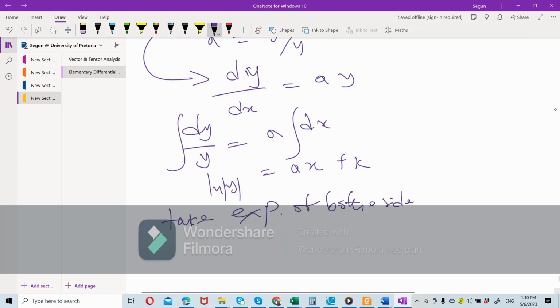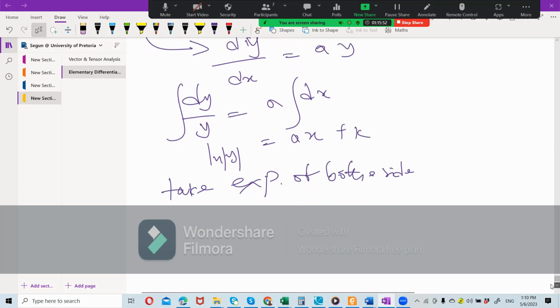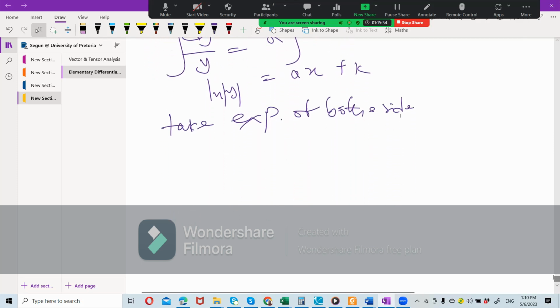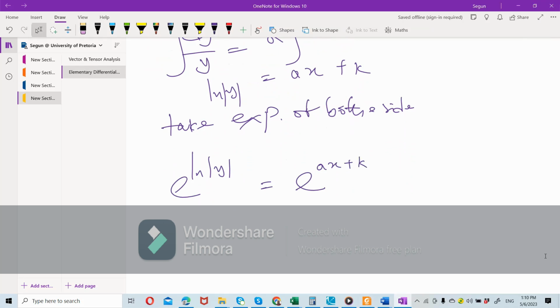So in this case now you have exponential ln y equals to exponential ax plus k. At the end of the day, exponential cancels. Remember, exponential always cancels the ln.